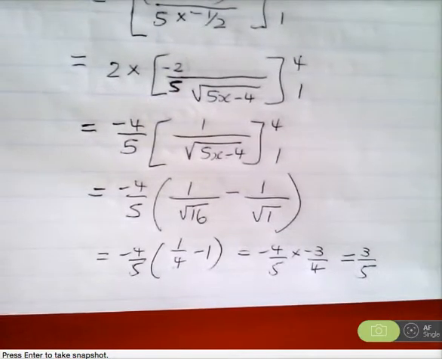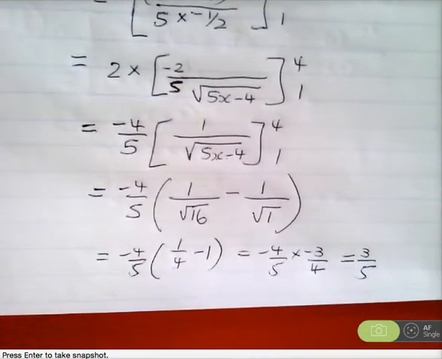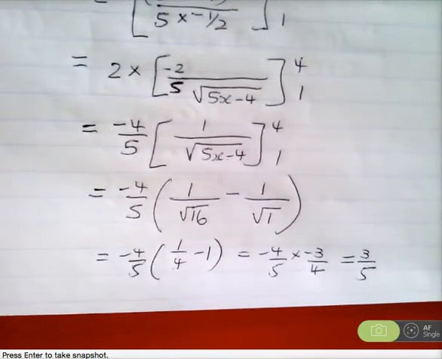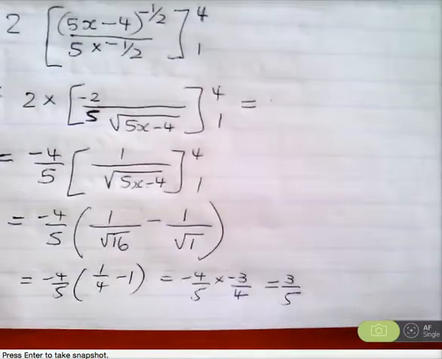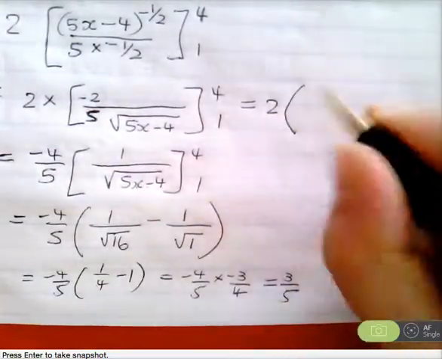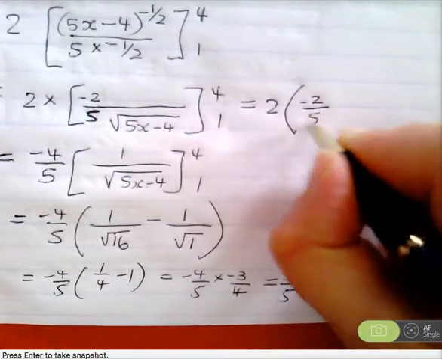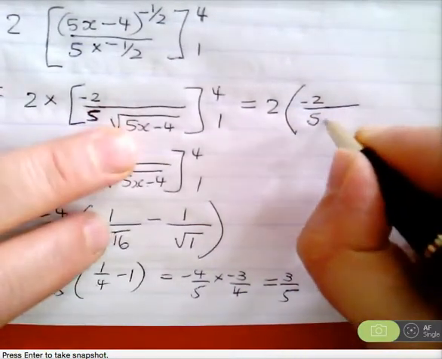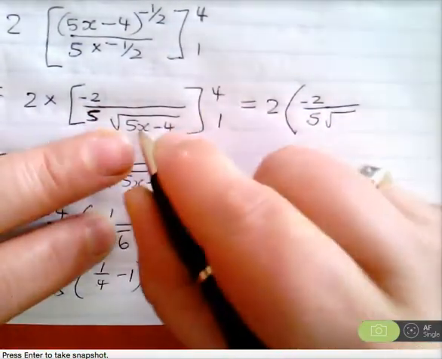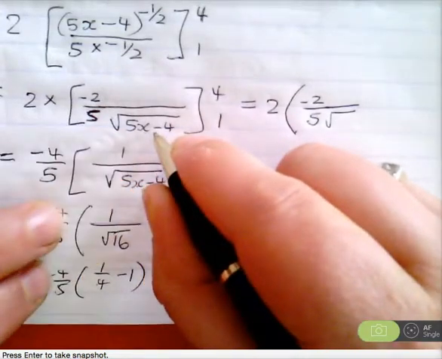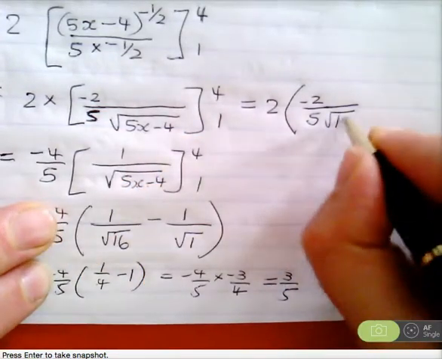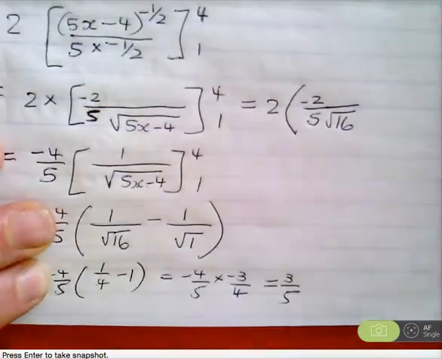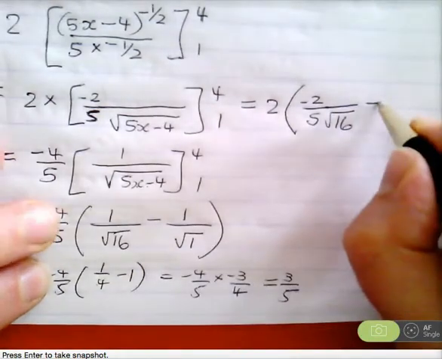We're going to do another one of those, and you're going to use your brain, not your calculator. So if you decide not to pull the constant out, you'd have -2/5 square root 16, because if you put the 4 in, you get 20 minus 4 is 16, which is 4, isn't it? Minus -2/5.